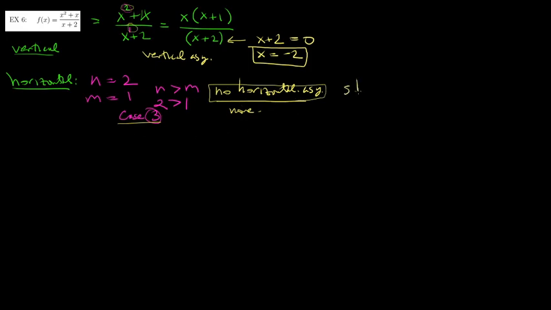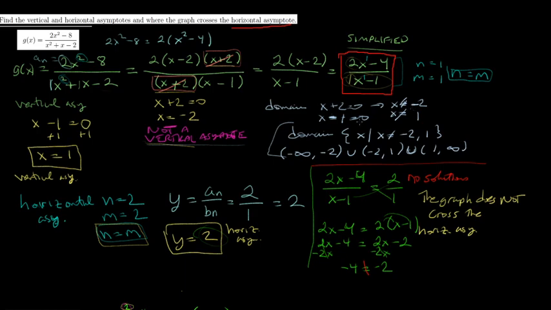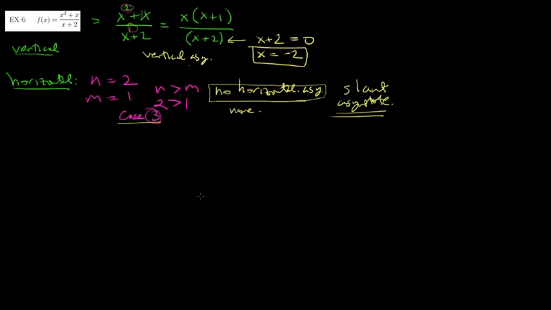Although there could be what's called a slant asymptote. And in fact there is here, but we're not going to find it. We're not asking for slant asymptotes. You'll do that in your next course in pre-calculus. We're just interested in the vertical and horizontal asymptotes.